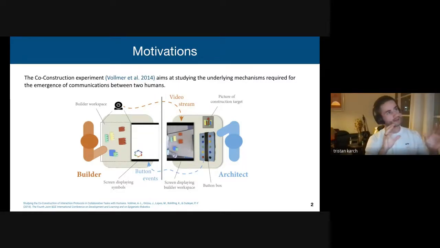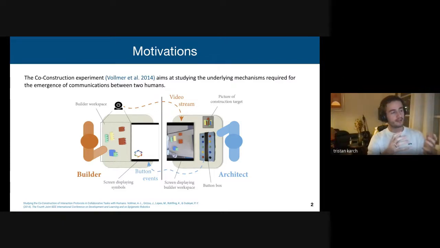This study is conducted with two agents, an architect and a builder, located in separate rooms. The architect has a picture of a construction target, and the goal of the builder is to reconstruct the construction.